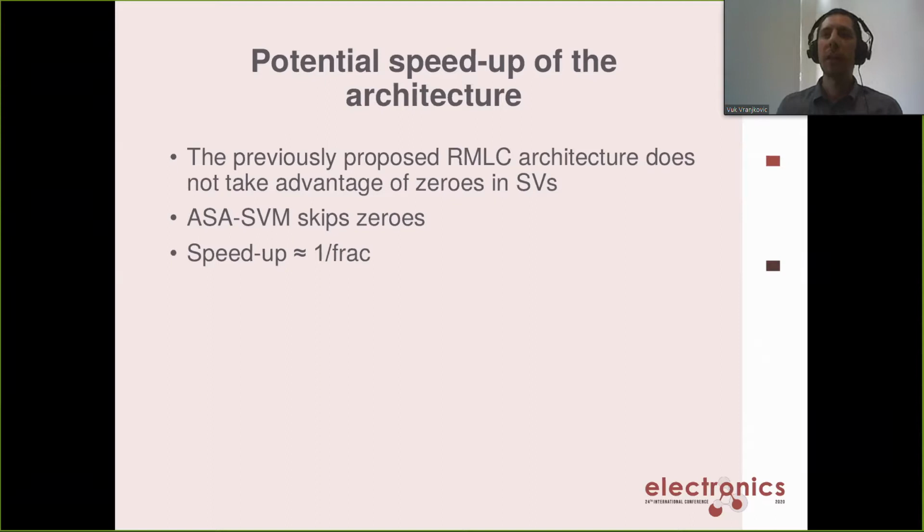If frac is the percentage of non-zero values during training, then if there are a lot of attributes in the input instance, the speed up converges to this product. The potential for speed up is very big, and the memory footprint of the model can also be reduced a lot.